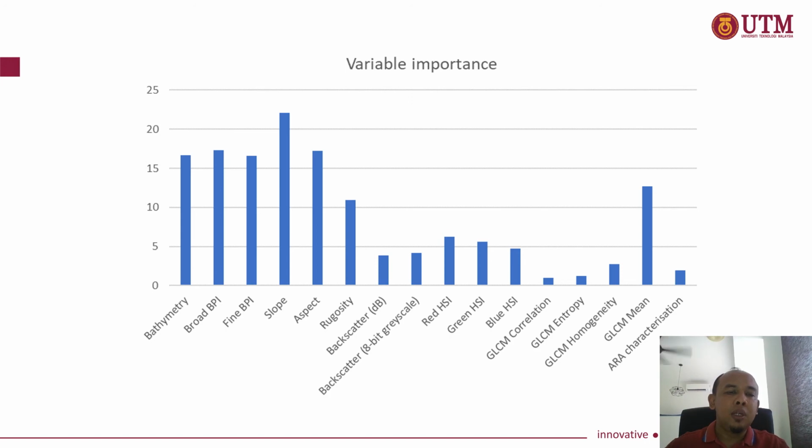And from the trained model, we can see which variables are so important in the prediction of this habitat map. So by doing this, we can know which variables we should consider in the future for the prediction.